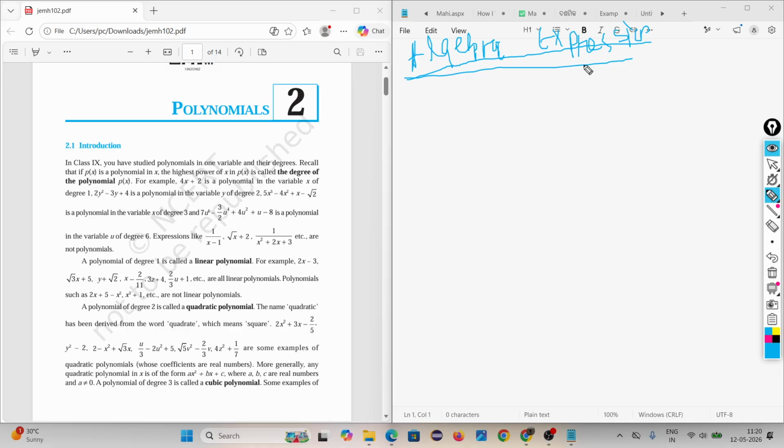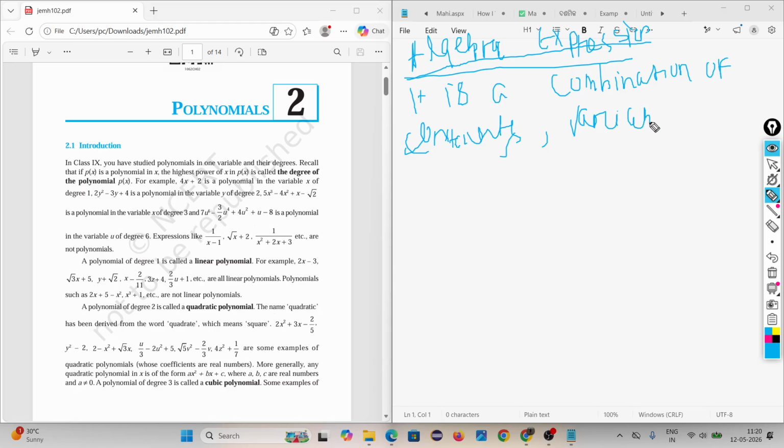Algebraic expression. An algebraic expression is a combination of constants, variables, and algebraic operations.